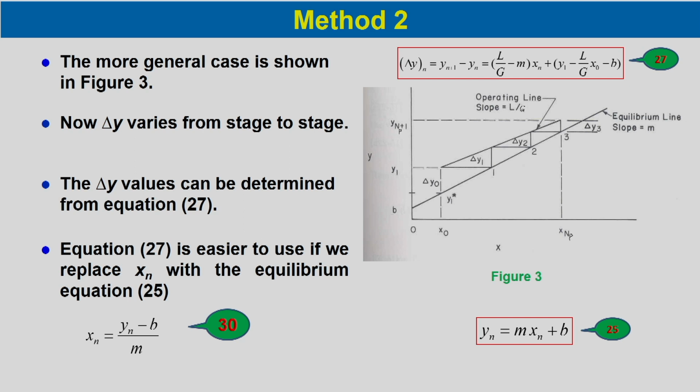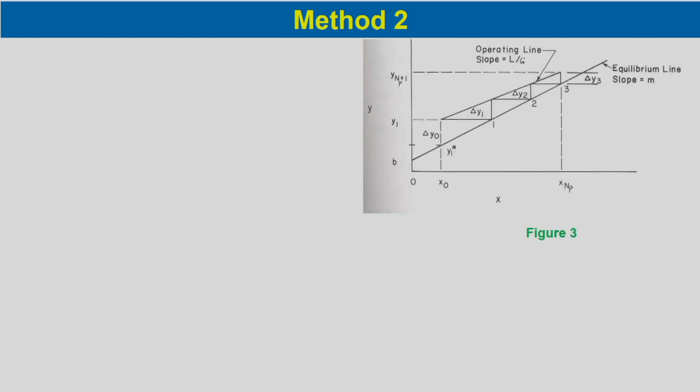If we substitute this in equation 27, we obtain delta y n equal to L by m G minus 1 into y n plus y 1 minus L by m G into b minus L by G into x naught.